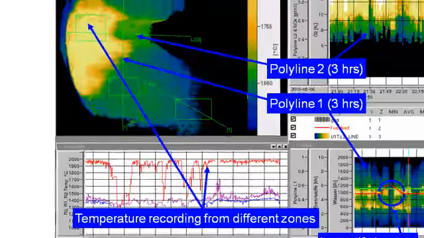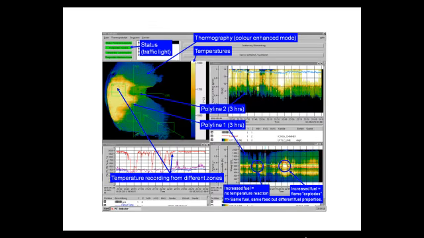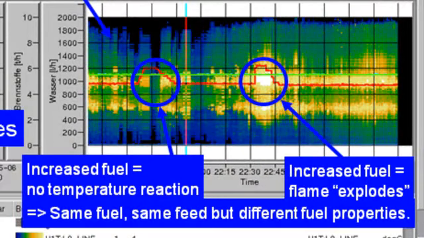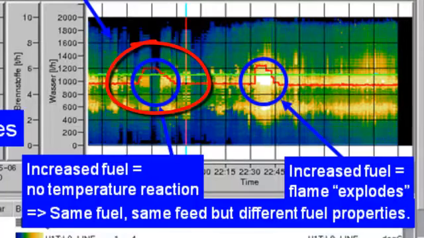The most interesting part in this screenshot might be these 2 areas. What you can see here is that on the left side the operator increased the fuel feed, which is indicated as a red line in the polyline and comes from the DCS via interface. So the operator increased the fuel, but there was no temperature reaction.